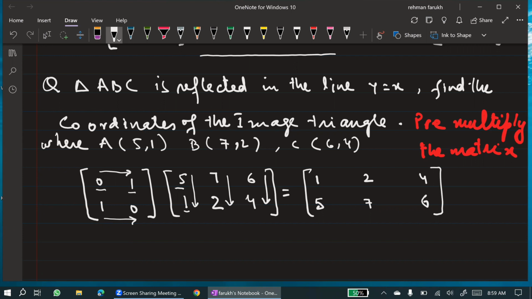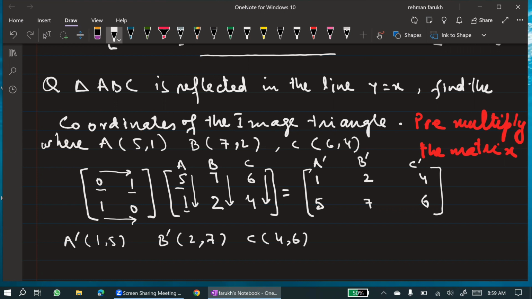Now these are the coordinates of ABC, and these are the coordinates of A dash, B dash, and C dash. That is the images. So the coordinates of A dash are 1, 5. Coordinates of B dash are 2, 7. And the coordinates of C dash are 4 and 6.